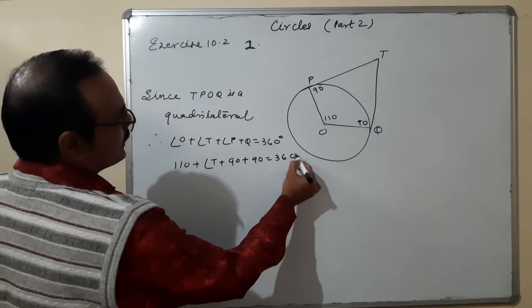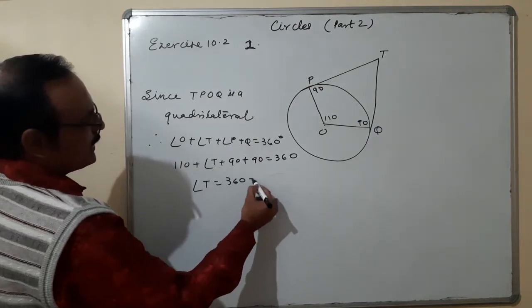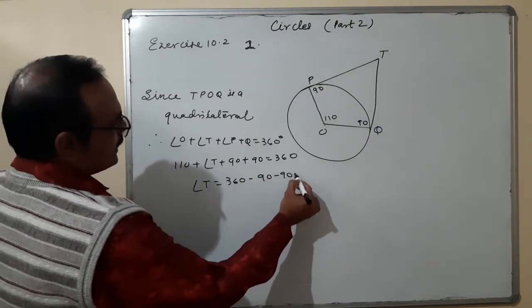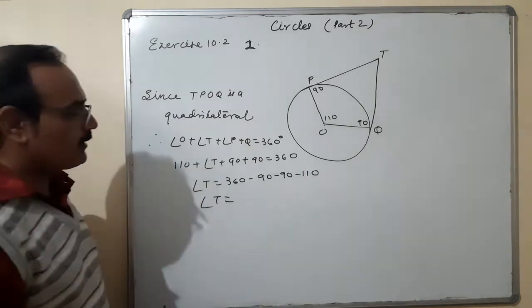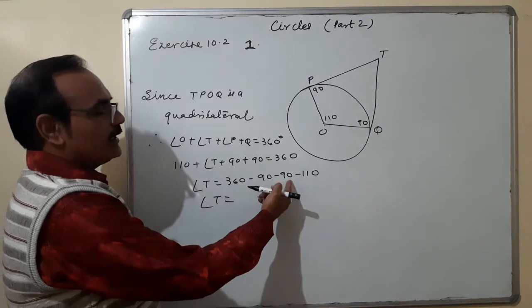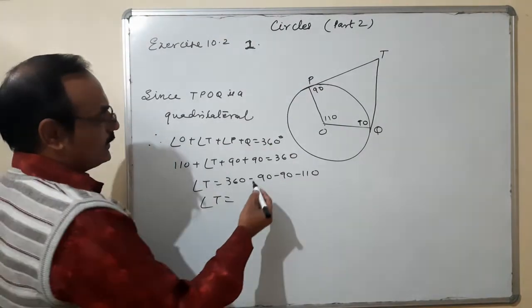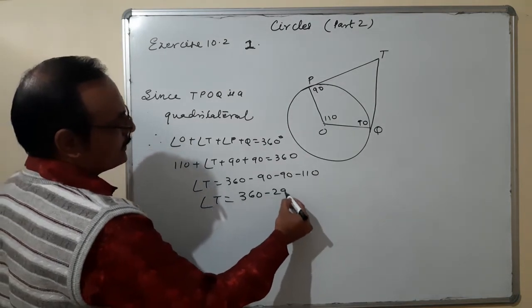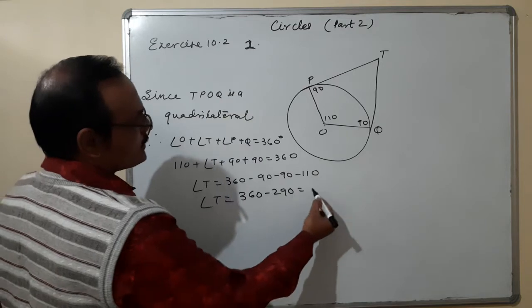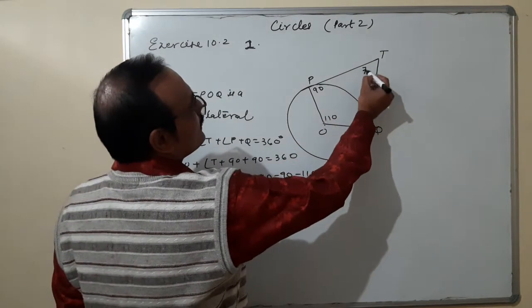So angle T is equal to 360 minus 90 minus 90 minus 110. 90 plus 90 is 180, and 180 plus 110 is 290. So 360 minus 290, what is coming? 70. Therefore angle T is equal to 70.